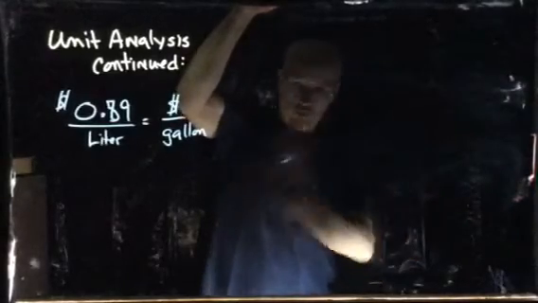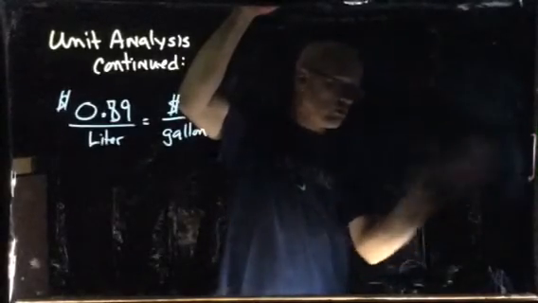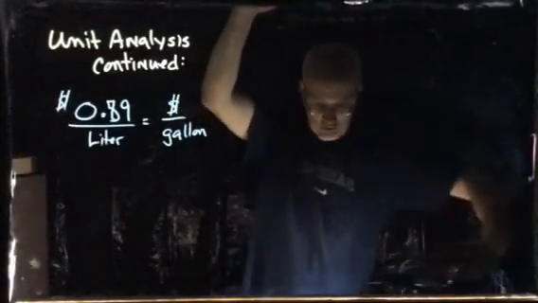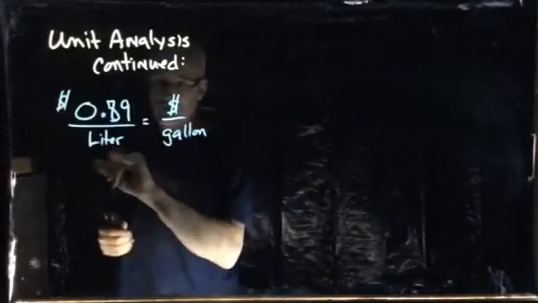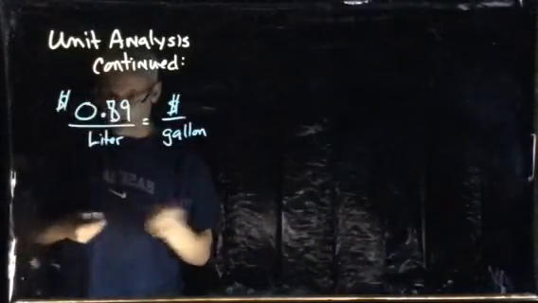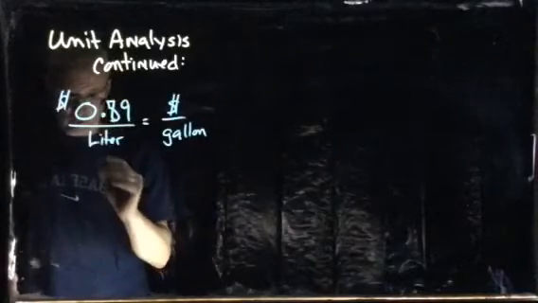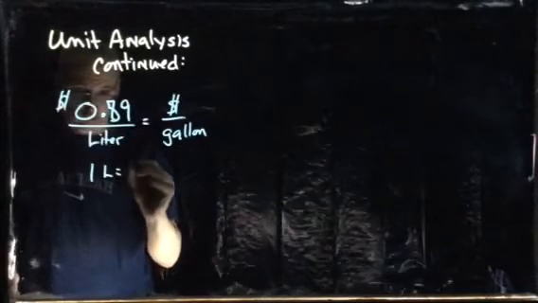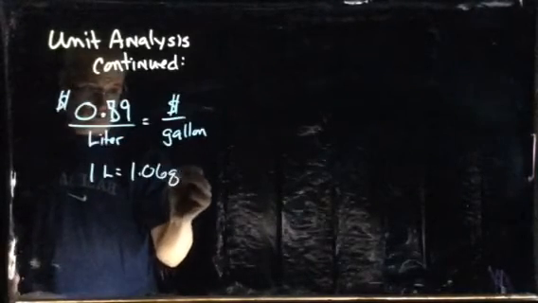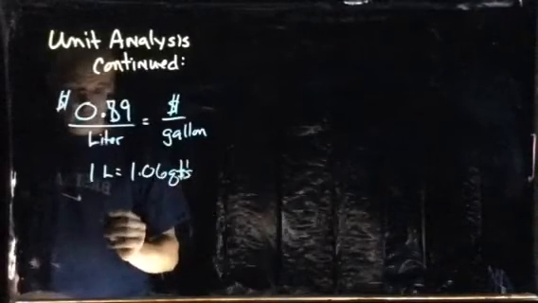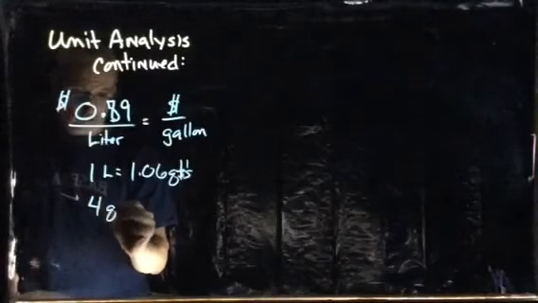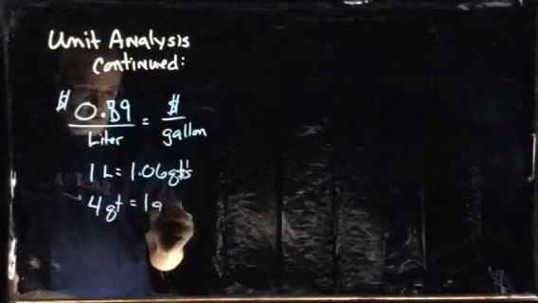The only thing that we have to worry about in this case, since cost is on top, is that we don't have to worry about the cost conversion. We just need to know how to convert liters to gallons. And our conversion factor, if we remember right, 1 liter is 1.06 quarts. And 4 quarts is equal to 1 gallon.